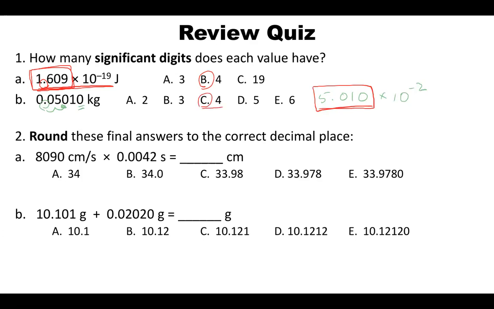Another way to think about this one, which is more complicated, is to think about the rules for when digits are significant or when they're not. And the answer for that is, okay, if it's not a 0, then it is significant. So this 5 is significant and this 1 is significant. But if it is a 0, then there's a whole set of rules about whether it's significant or not.